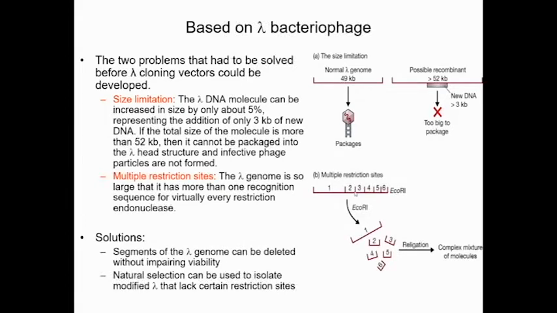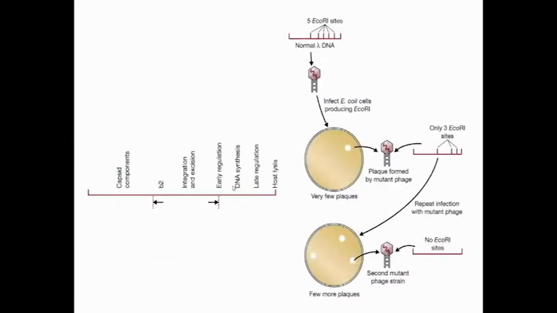So they re-engineer the Lambda bacteriophage by removing a big piece in the middle that's not essential to the Lambda bacteriophage, and then religate, so that you can use it.